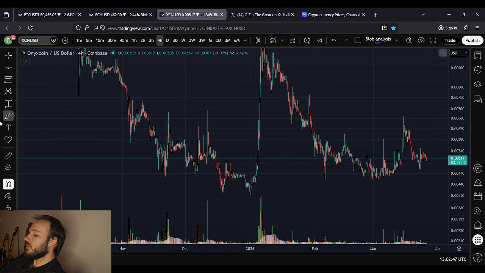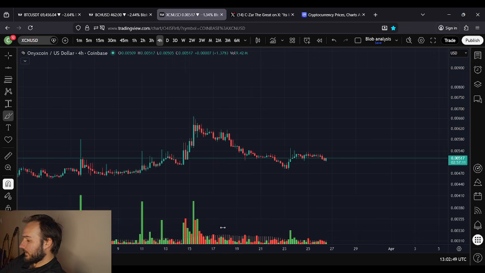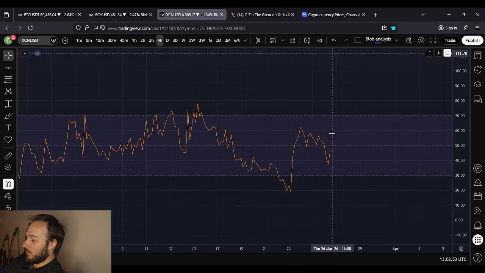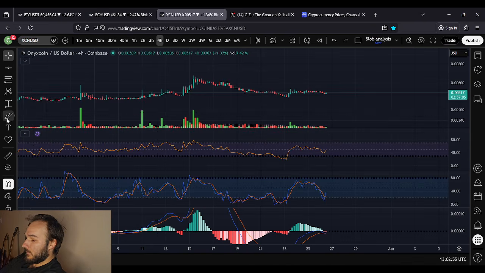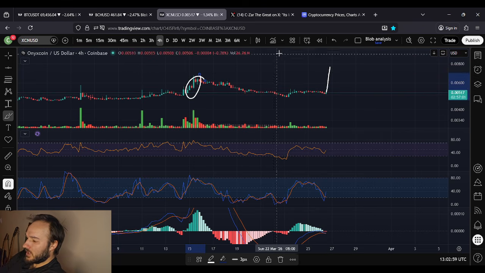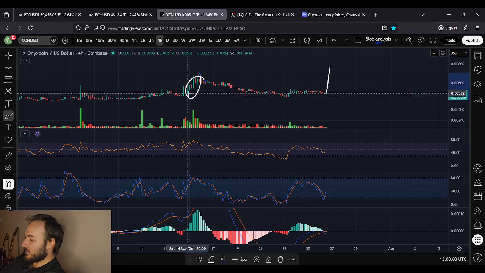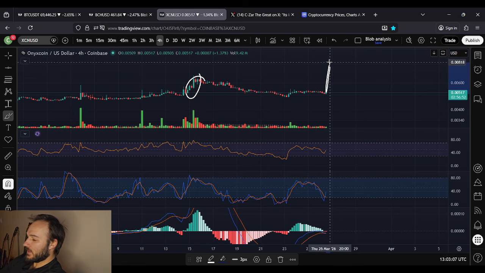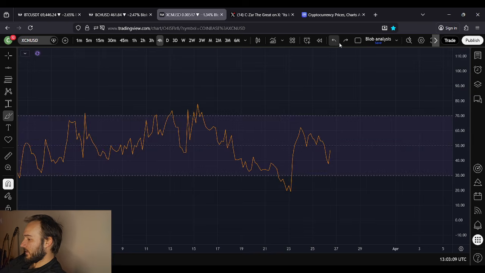I wouldn't be surprised in the least if and when we break out here, if the RSI does get overbought, that we see a breakout move that's even bigger than this one over here, which again was nice, right? It's definitely nice. We saw 0.00495 go all the way up to 0.00668, but we might see something even better than that, something more exciting than that.